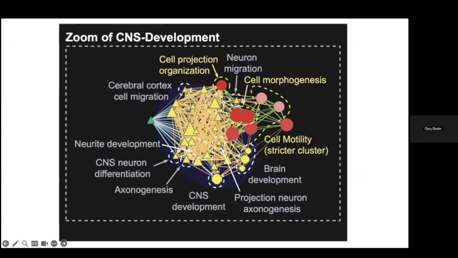One interesting thing to note is that when we looked at the genes that were involved in a given pathway, like cell motility, it wasn't the same gene deleted over and over again in multiple samples. It was different genes in the pathway deleted in different individuals.